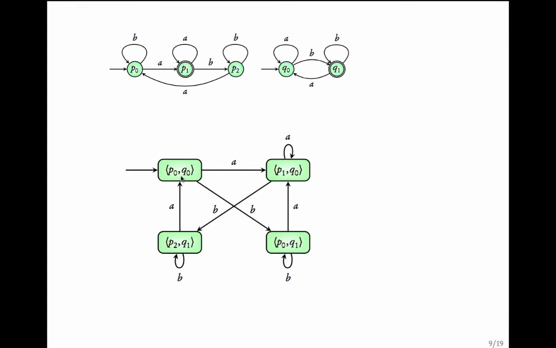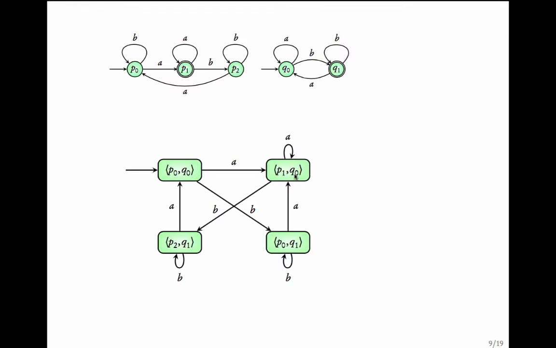Here is the synchronous product. You start at P0, Q0. On an A, P0 goes to P1, Q0 stays at Q0, so you do this. And on a B, P0 stays at P0 and Q0 goes to Q1, so you have this transition. Similarly, this is the standard construction that I explained in the last unit.